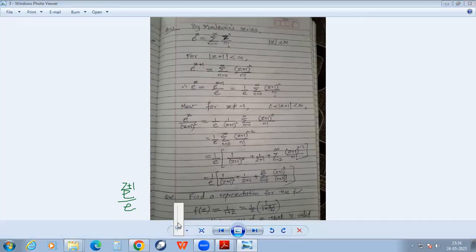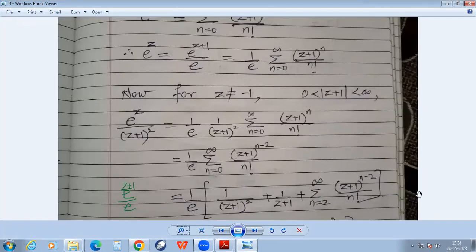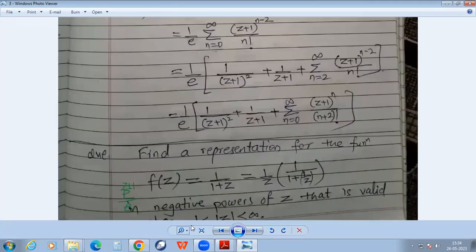Okay. Now talking of 1 upon 1 plus z kind of thing. When it happens to be 1 upon 1 plus z, it is actually a must for me to see what is the region where I'm expanding it. So what they have given us, we can check it. They have given us to expand it in 1 less than mod z less than infinity.